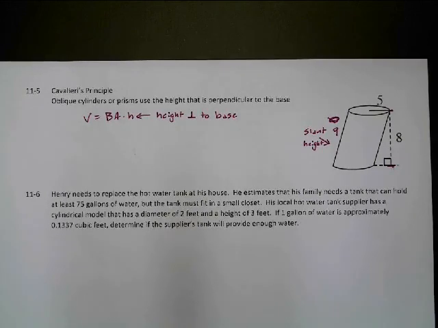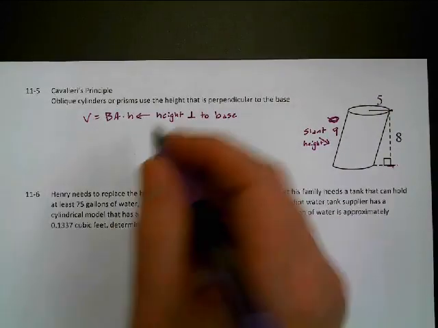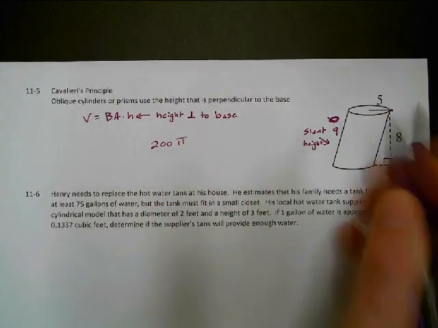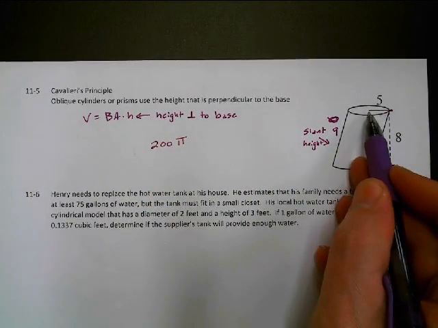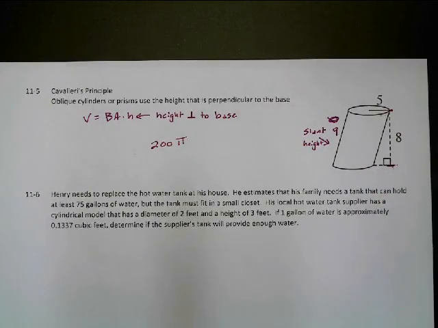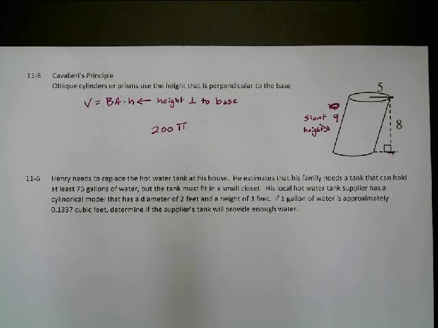So we're still going to get 200 pi on this one, using pi r squared, 25 pi for the area, and then multiply by 8. So oblique solids like this will always use a height that is perpendicular to the base, even though it's not actually part of the shape. Last one.